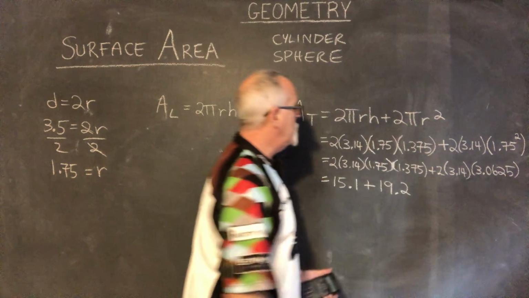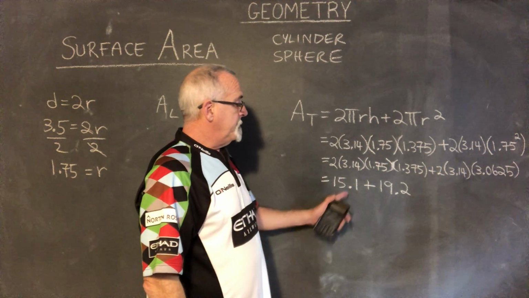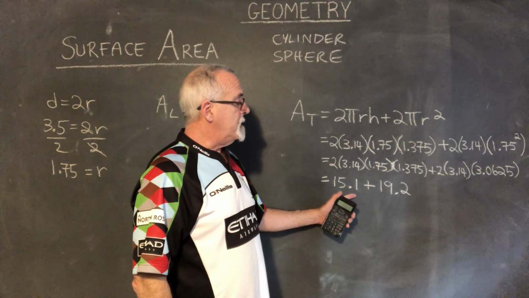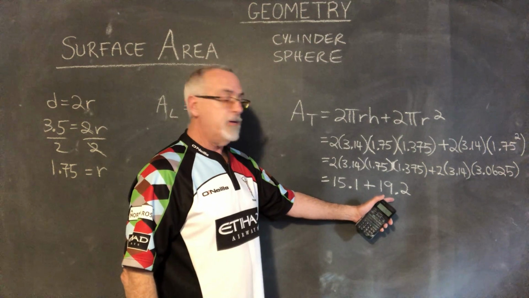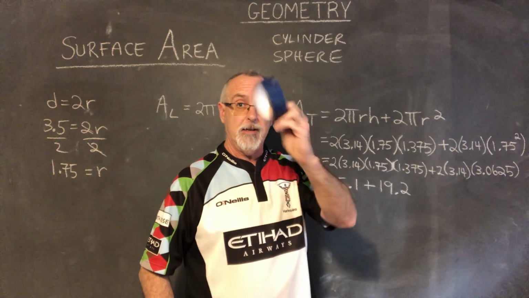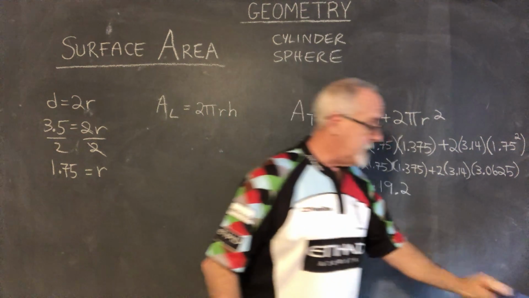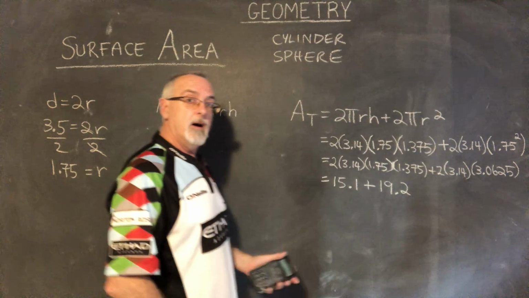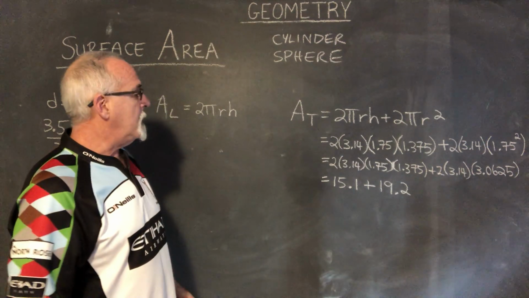And I'll just write 19.2. Yep, the lateral area is less than the combined area of the two circles, as predicted by looking at the object. Sometimes our eyes deceive us and sometimes they don't.